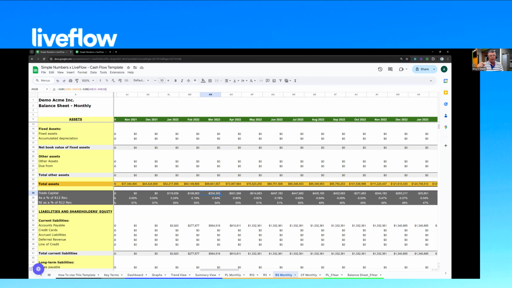And so if my trade capital is a percent of revenue, so let's use an example. If my trade capital as a percent of rolling 12 revenue is 10%, and my profit is at 5%, it means that the next $100,000 of new revenue that I generate over the current run rate, I've got to spend $10,000 to generate that $100,000 before I get paid.